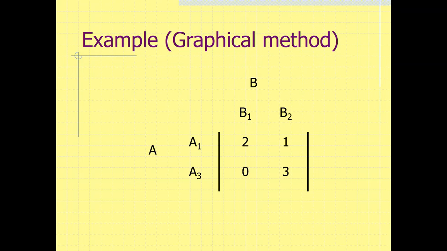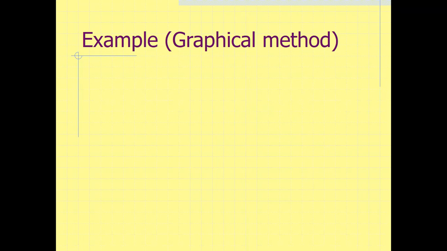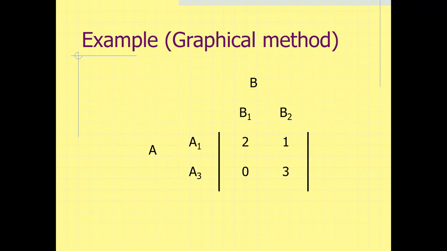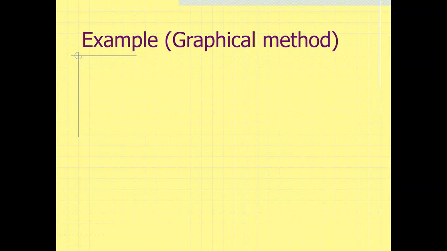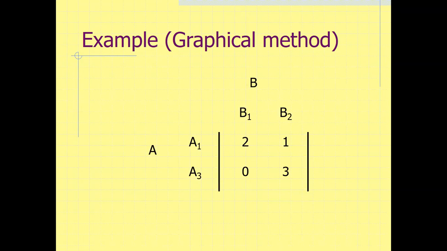Thus, we have reduced the size of the game from 4 by 2 to that of 2 by 2, and the game could now be solved by the shortcut method. The mixed strategies for the players B and A are given by these differences.